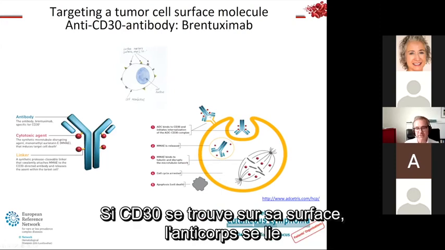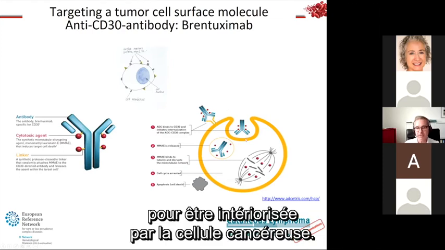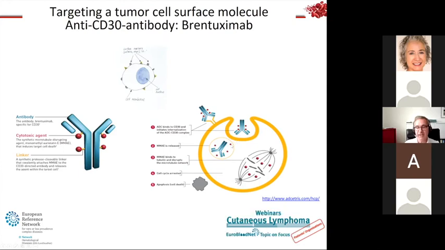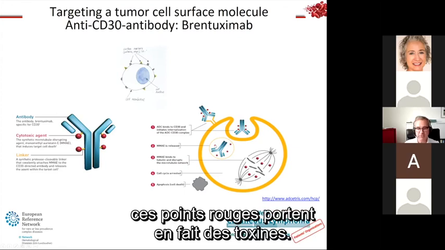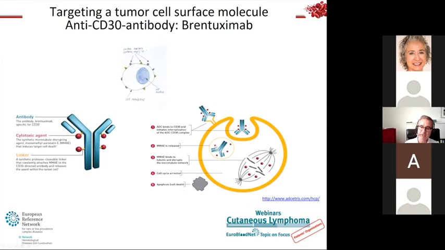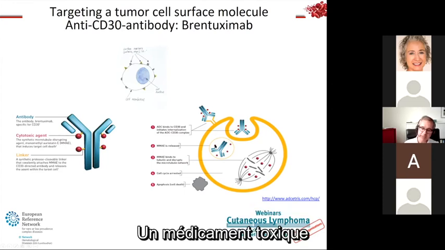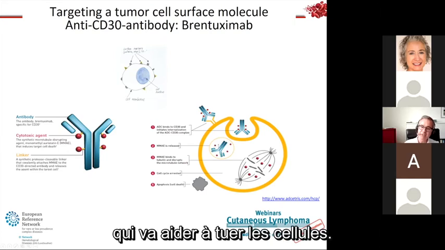However, if there is CD30 on the surface, the antibody binds to it and will be internalized in the cancer cell, and the clever trick of this antibody is that they are not only antibodies, but the red dots are actually carrying a toxin with them. They are toxic medication, and this medication helps killing the cells.